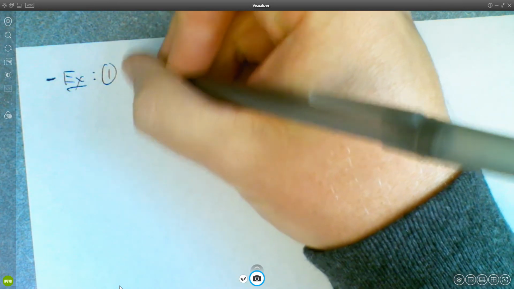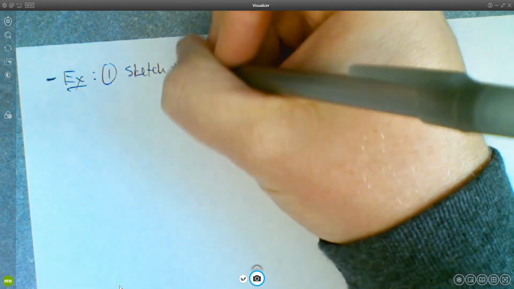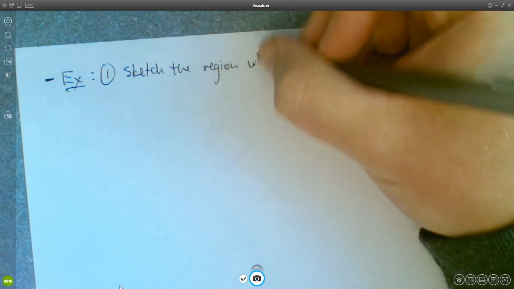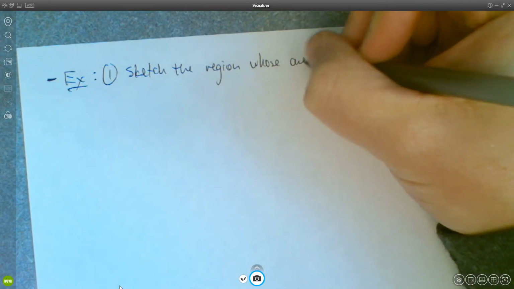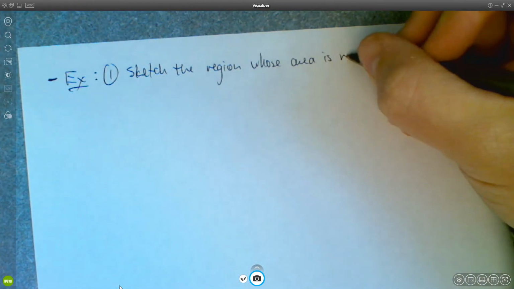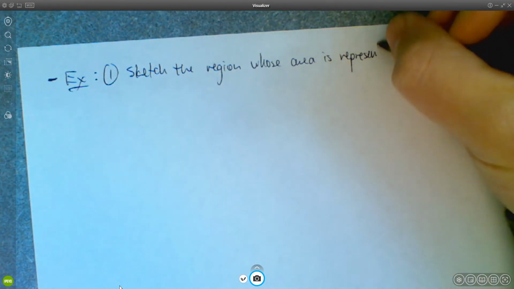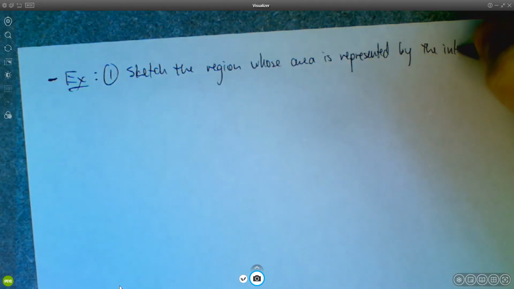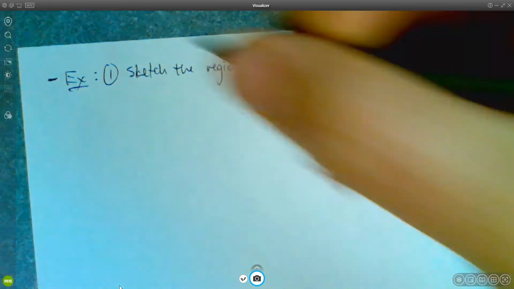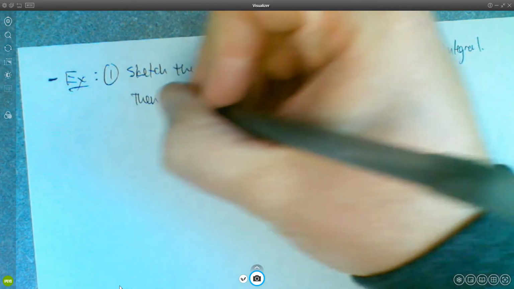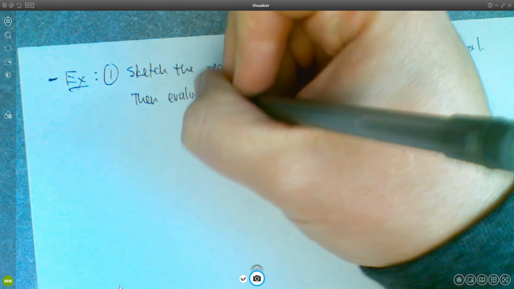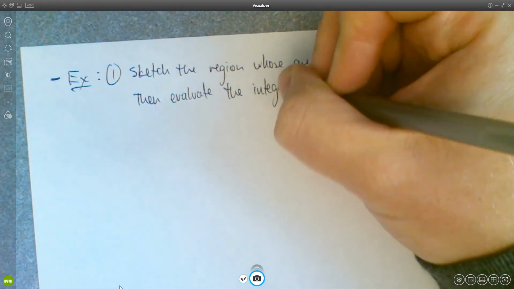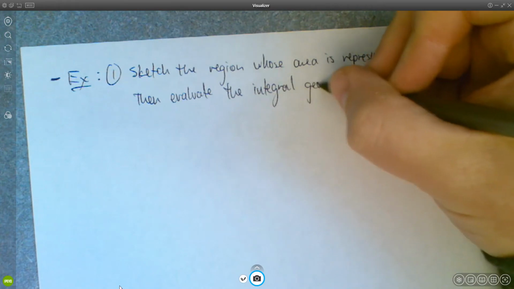Let's sketch the region whose area is represented by the integral, then evaluate the integral geometrically.